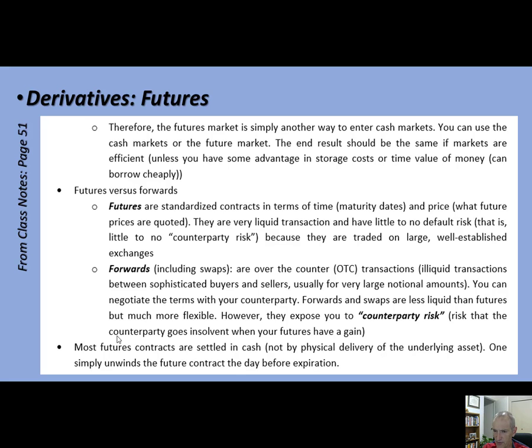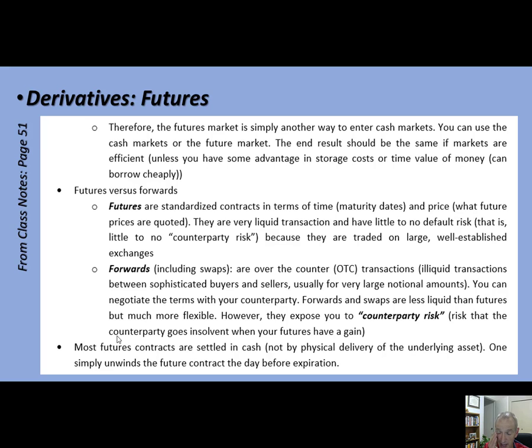The problem with forwards and swaps is you pick up counterparty risk. In my risk management class, I talk about a special counterparty risk that we faced in 2008 that I thought was really interesting. But in this case, you're not dealing with an organized exchange. You're dealing with another party like Lehman Brothers or Goldman Sachs or JP Morgan.